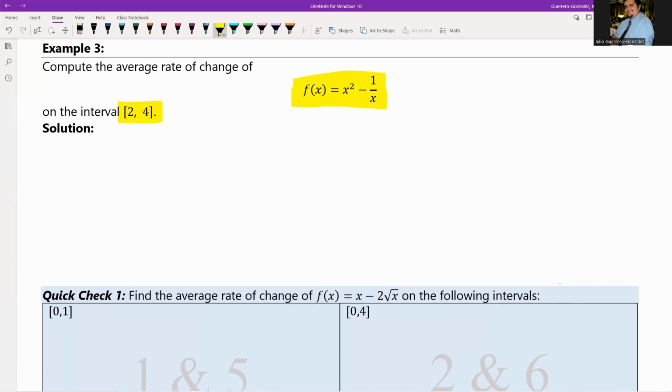Here we go. The first thing I'm going to do, like I did in the previous sections, is define my x1 and x2. f of x1 is going to be f of 2. So that means 2 gets plugged into this thing.